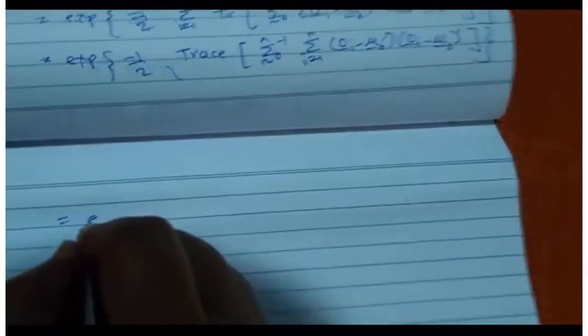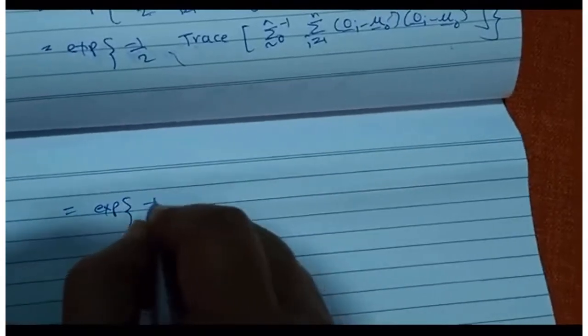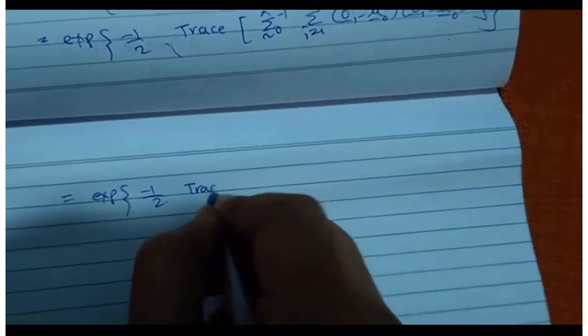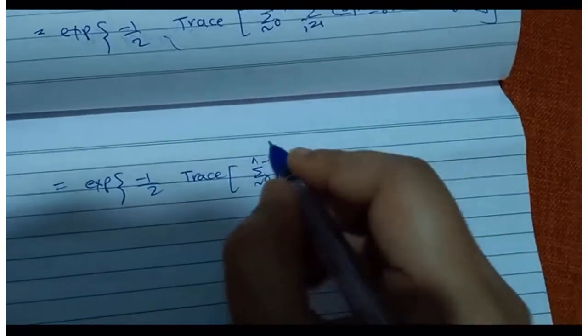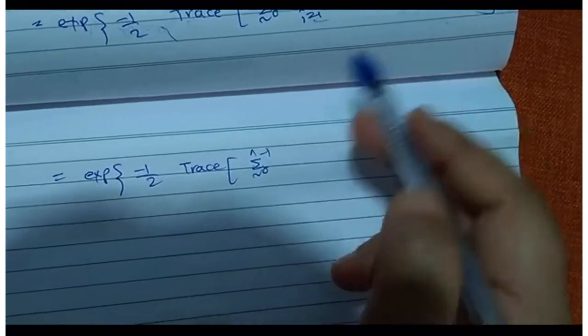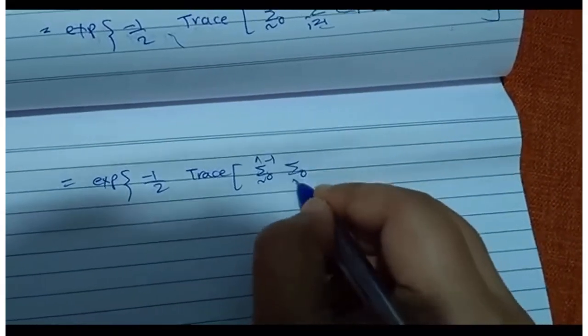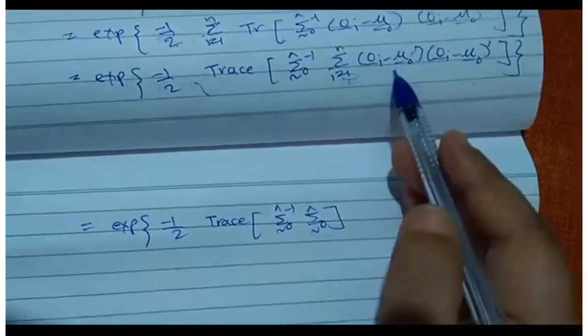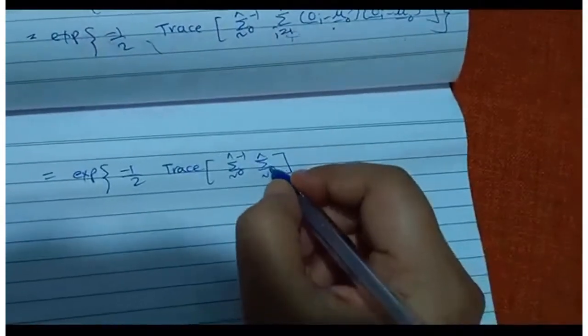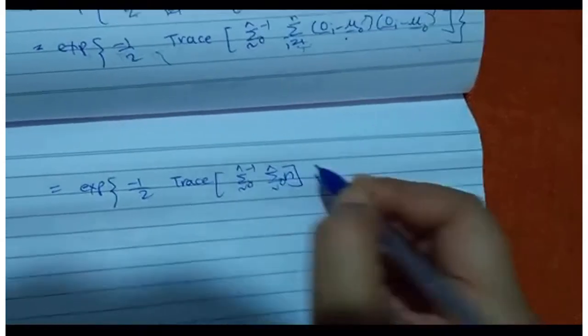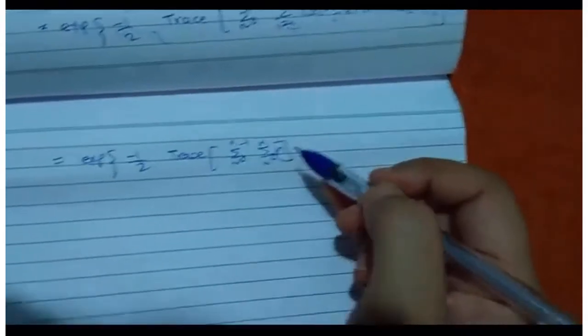So this becomes e raised to minus half trace of sigma naught hat inverse, and this is nothing but sigma naught hat times n, since sigma naught hat has the summation upon n.